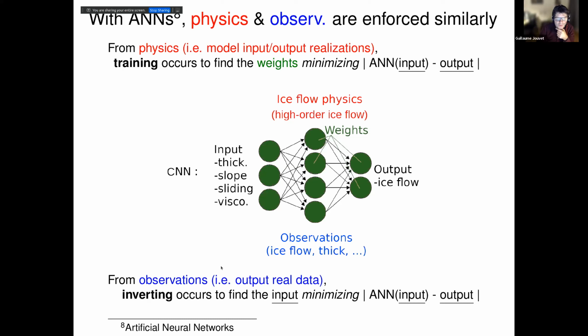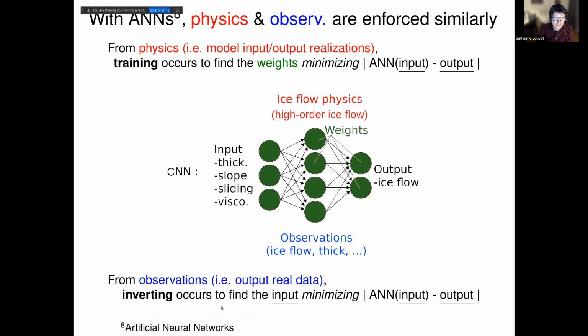Now, the inverse step is actually not that different, because we would have some observations, but this time we want to find the inputs that minimize some misfit as well. Practically speaking, training, enforcing the physics, or enforcing the observations are pretty similar operations, because all of them are optimization problems.